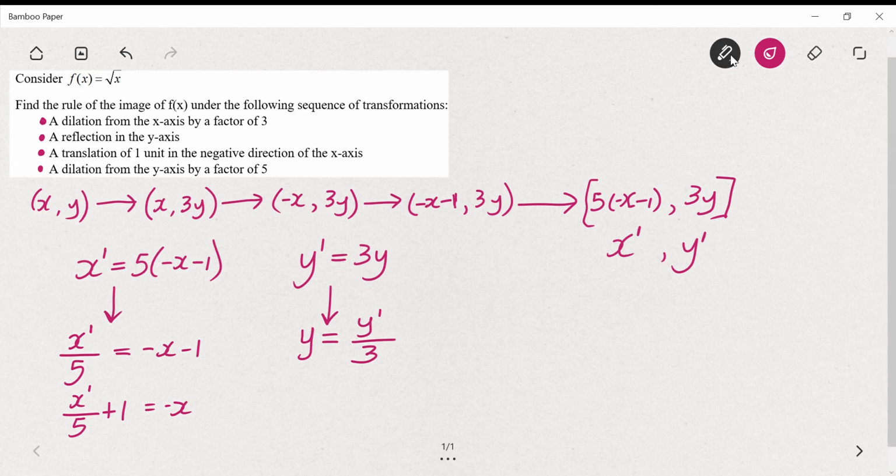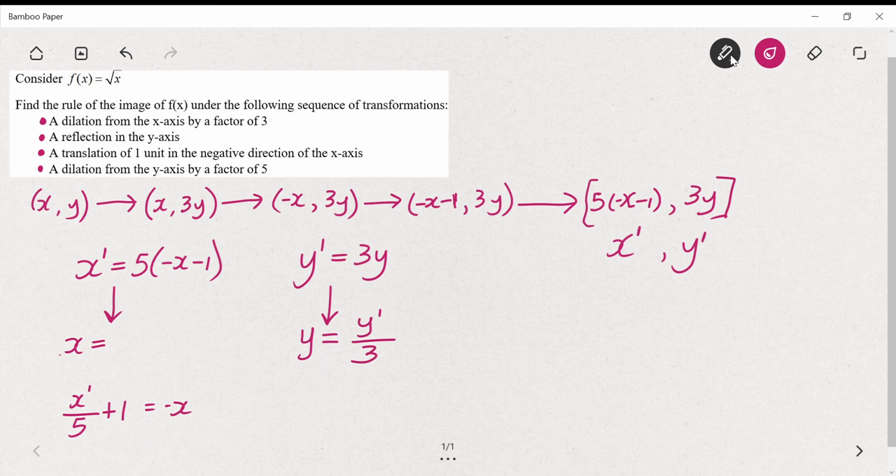And so I'll just make myself a bit more room above here now, having done that, and just write in the final thing that x is now equal to.